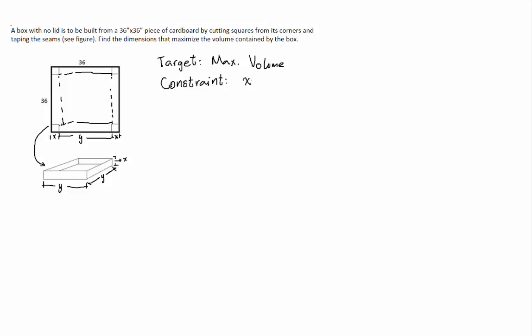So x plus y plus x must be equal to 36. Because I'm making my cutouts from a 36 by 36 inch piece of cardboard. So in this case, I get that 2x plus y is going to be equal to 36, and then I can subtract from there 2x on both sides and get y equals 36 minus 2x.